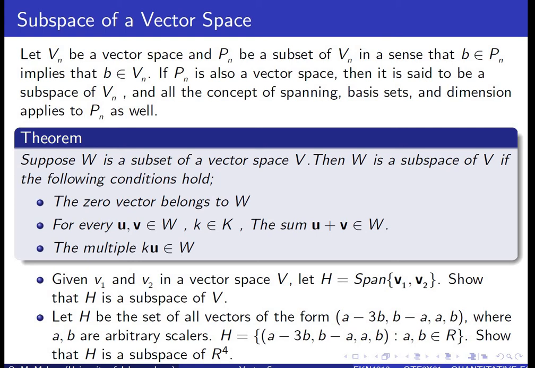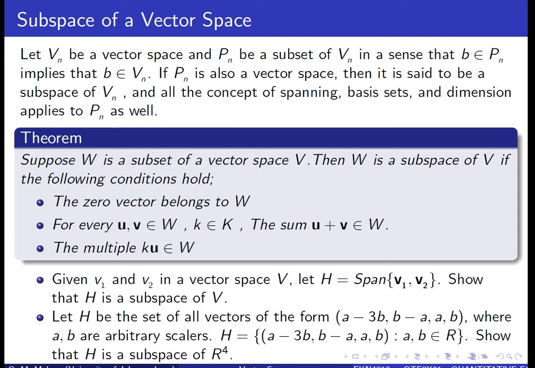So if Vn is a vector space, let Vn be a vector space and Pn be a subset of Vn, it means that Pn is entirely contained in Vn, if you remember that from set theory. In the sense that if B is in Pn, it automatically follows that B is in Vn.